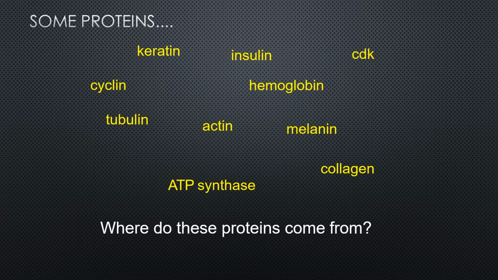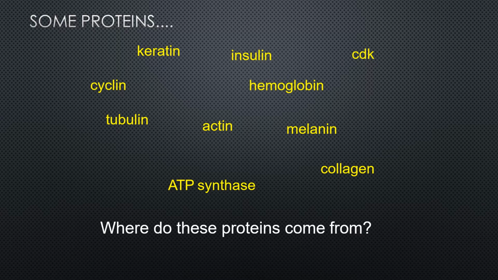Okay, so let's talk about some proteins you've probably heard of. So do any of these look familiar to you? We've talked about several of them. CDK and cyclin, remember, were proteins that regulated the cell cycle. Actin and tubulin are part of the cytoskeleton. ATP synthase, we know we used in cellular respiration to make ATP.